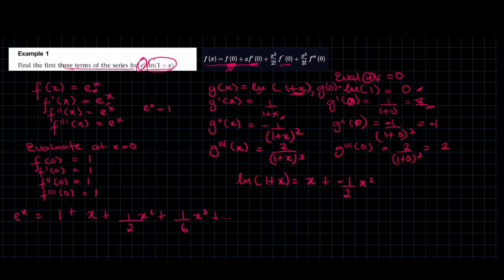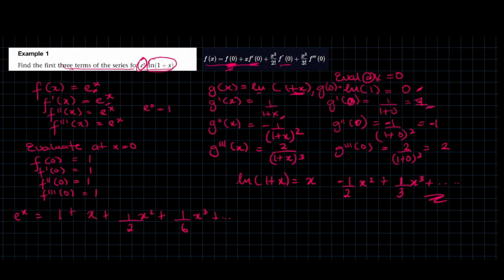Because this is minus 1, so this is going to turn to minus 1. Next is going to be plus 2 over 3 factorial. In this case, 3 factorial means 3 times 2 times 1, so we can just change this to 6 automatically. From here, we can honestly just change to 1 over 3 x cubed. And so plus the other series to come after it.